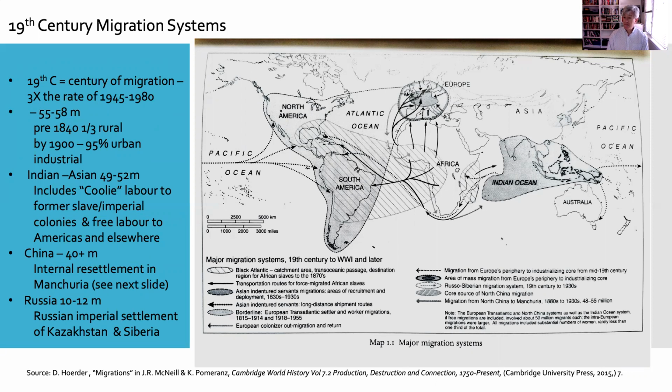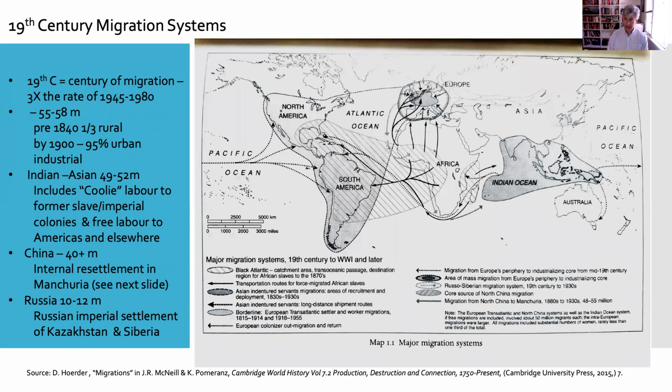And again, the 19th century makes sense. The development of transportation systems and all kinds of other things, from steamships to railroads, enabled the movement of people, and the reliable movement of people, across national, international, and transoceanic boundaries.